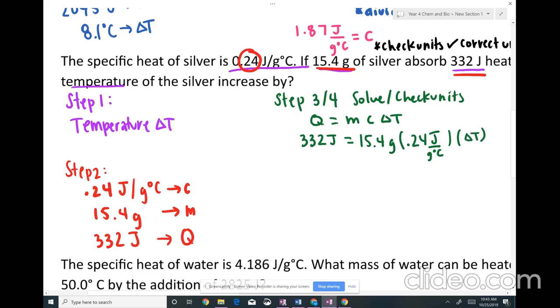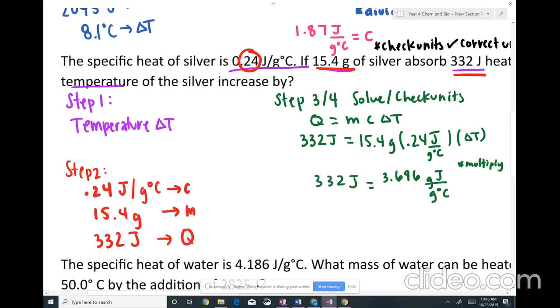Again, I'm going to go ahead and multiply the 15.4 times 0.24, and I get 3.696 grams joules over grams degrees C, which is equal to 332 joules.